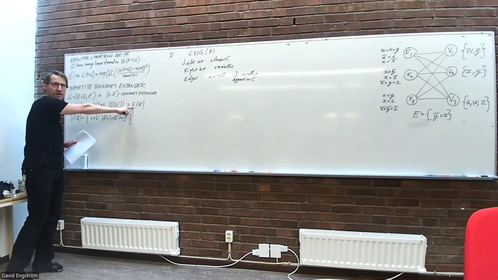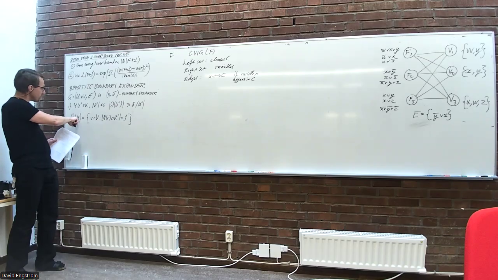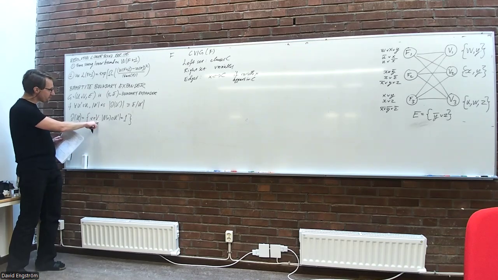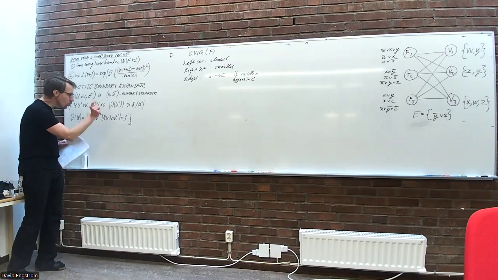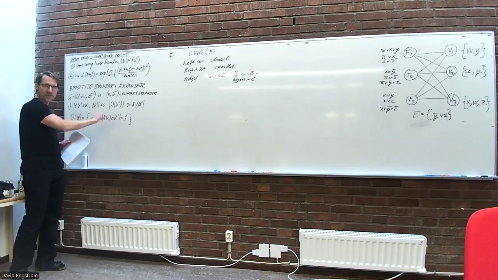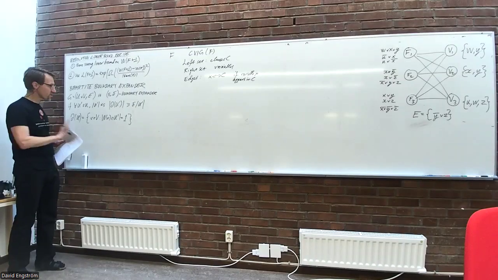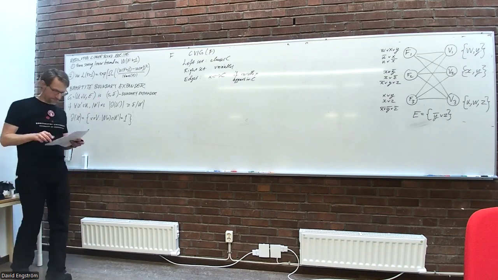The larger the delta, the better the expansion. What are the unique neighbors? The unique neighbors of a set U prime are all the vertices on the right-hand side that are neighbors of U prime, but every such V has only one vertex in U prime to which it is connected. Okay? So this is the notion of expansion we're going to focus on.